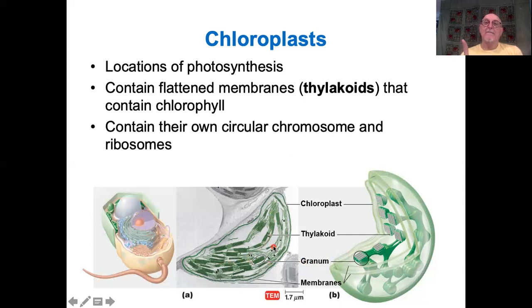Apart from that, the chloroplast also possesses its own circular chromosome. Again, it's beginning to sound like a broken record. Its own circular chromosome. And it also contains its own ribosomes. And much like the mitochondria, it can produce some, not all, but some of its own proteins.